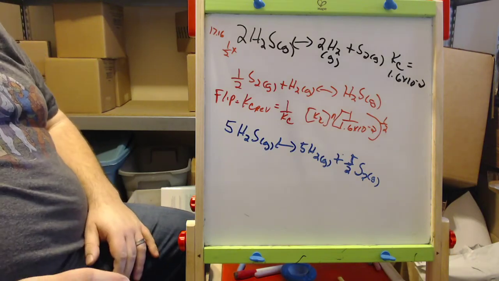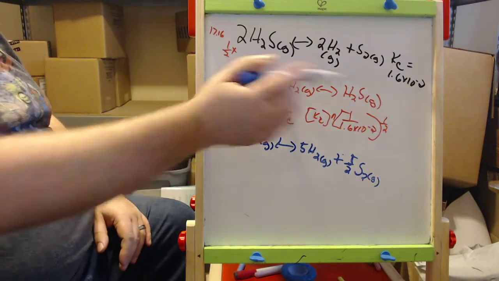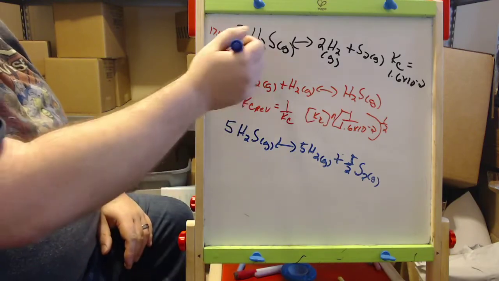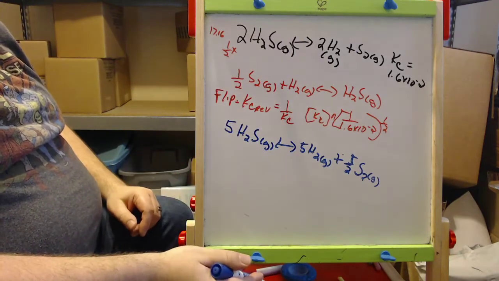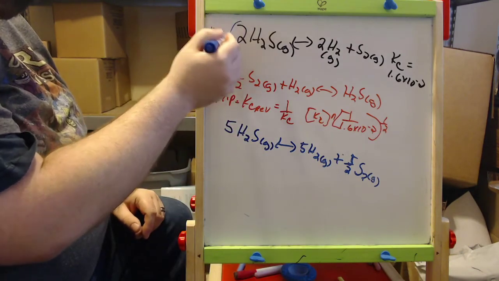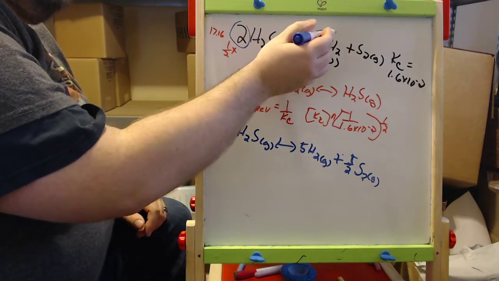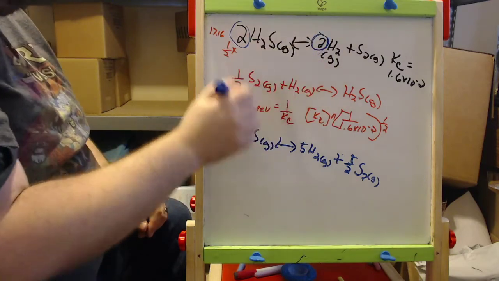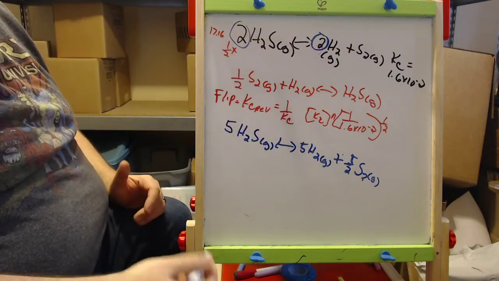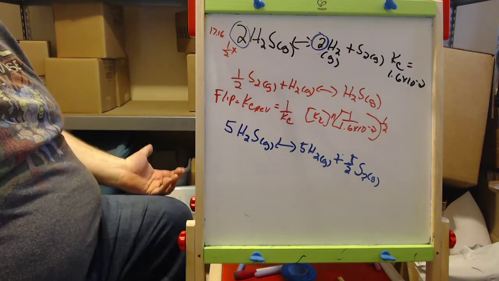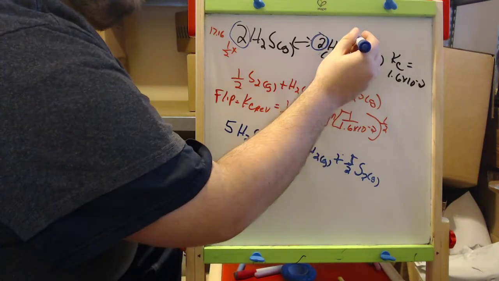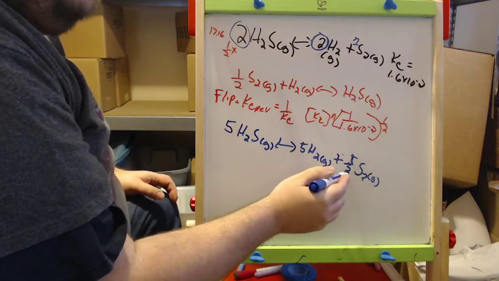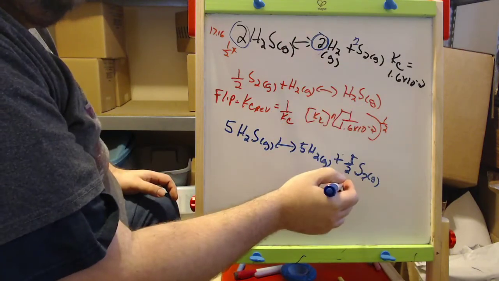So the question is, I didn't flip it, but I obviously did change the coefficients. What did I change the coefficients by? And if you don't realize it here or here, it's kind of given away. Like, how did I get 5? What times 2 gives me 5, which is 2.5. But if you look here, since this is a 1, this coefficient gives away what I multiplied the equation by.